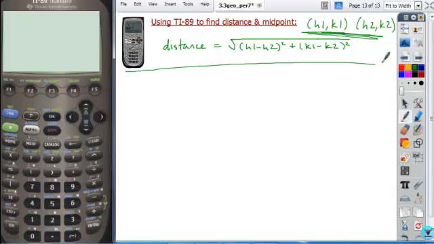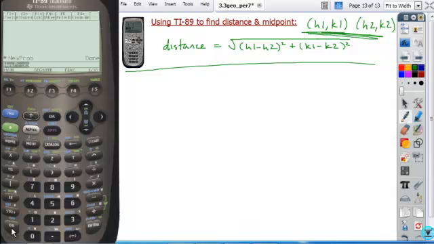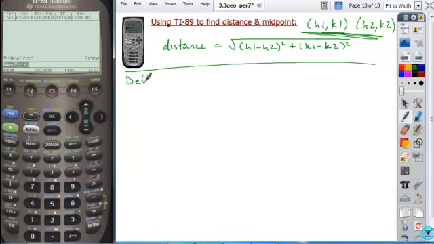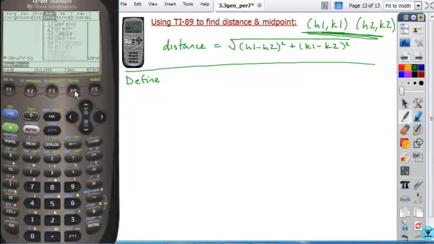All right, so let's take a look at how we define functions on our calculator once again. So the first thing that we're doing is we need to identify what we're doing. We're going to define a function. So that's located up here in this F4 tab. So we're going to choose define. Next, we're going to give our function a name.